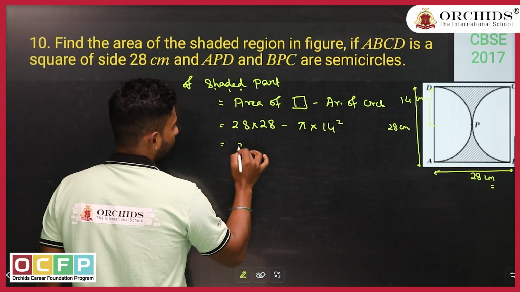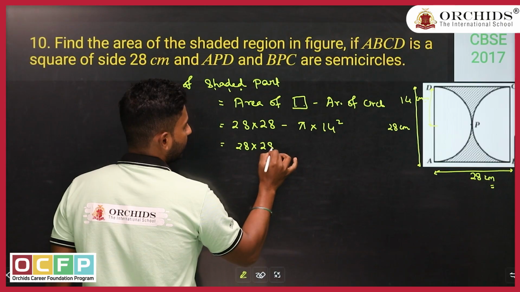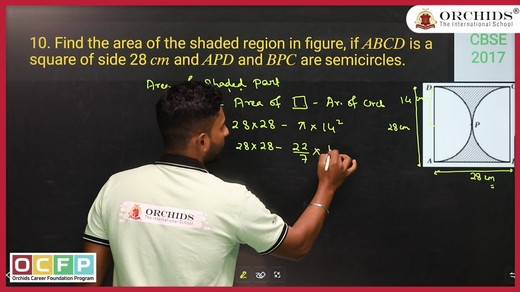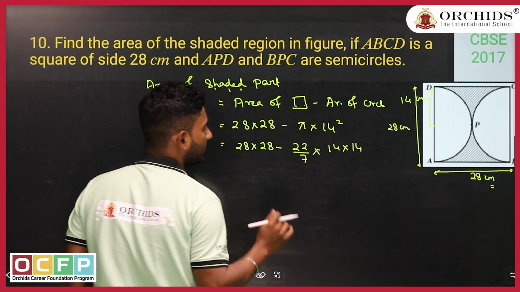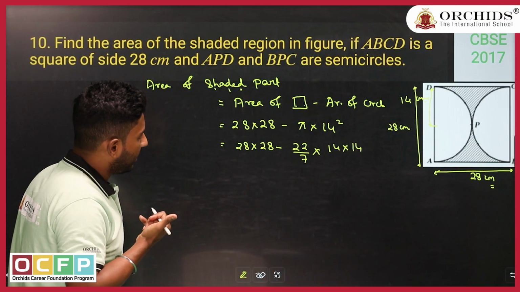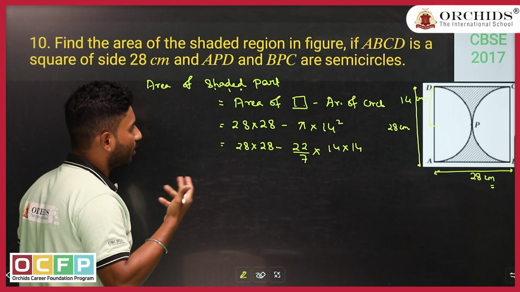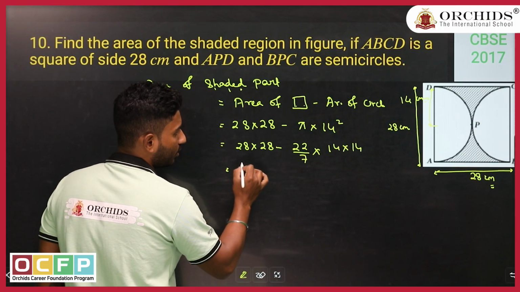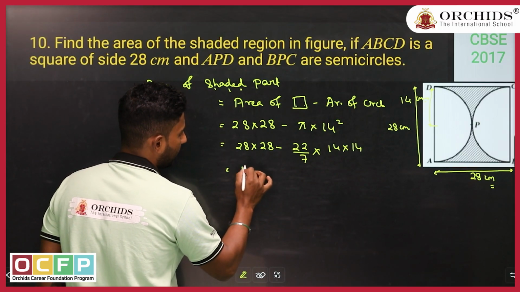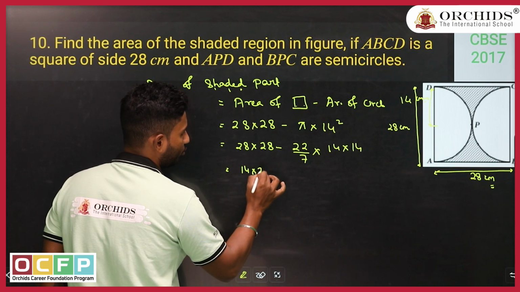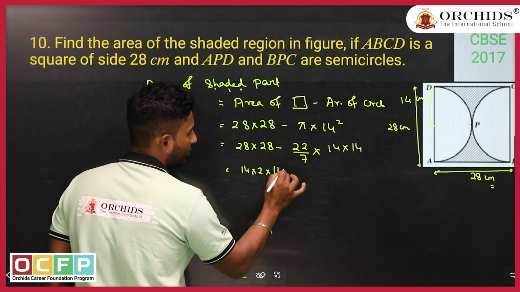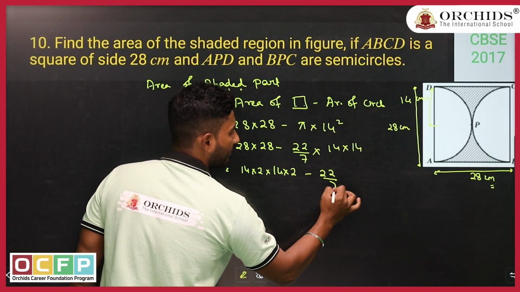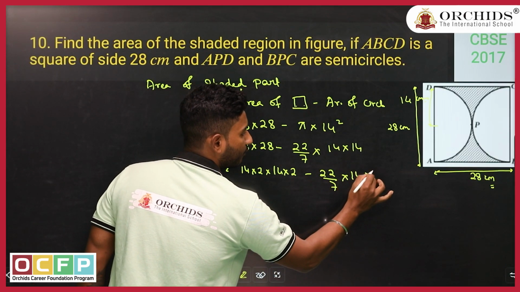You just have to find out 28 into 28 minus 22 by 7 into 14 into 14. Let us think, can we simplify it anyhow? Yes we can. Can I write this one as 14 into 2? Again 14 into 2, yes we can write it. Minus 22 by 7 into 14 into 14.